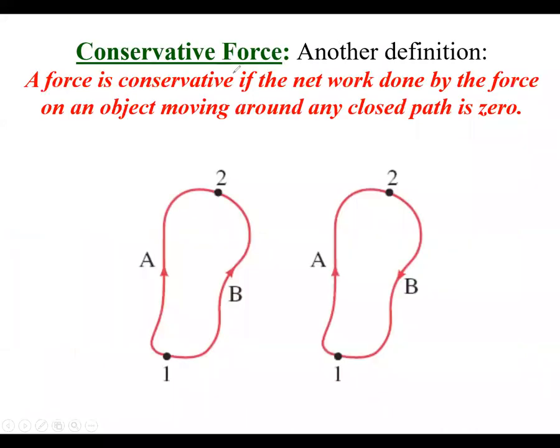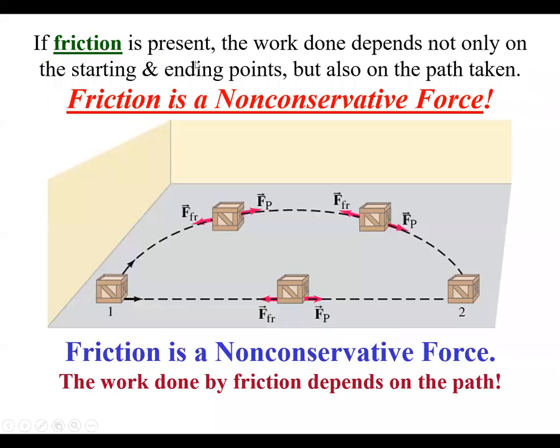So here we saw two examples. Now, just a simple example of a non-conservative force. Here we have an object at this point. I want to push the object from position 1 to position 2. We have path 1 from here, and here we have path 2.